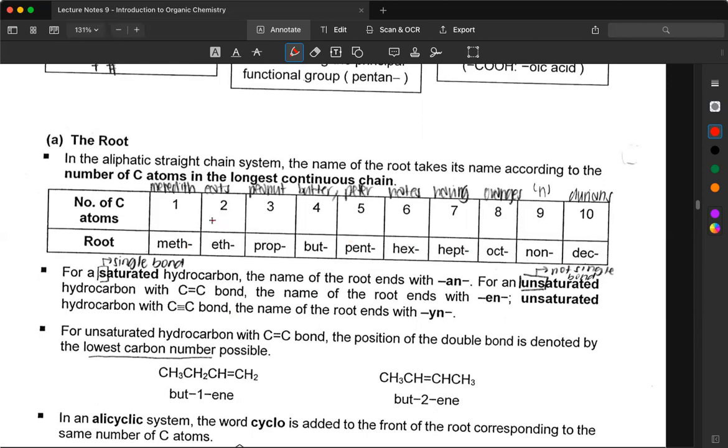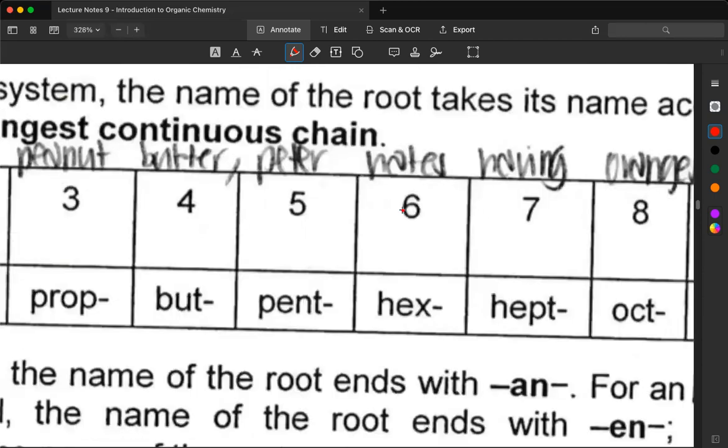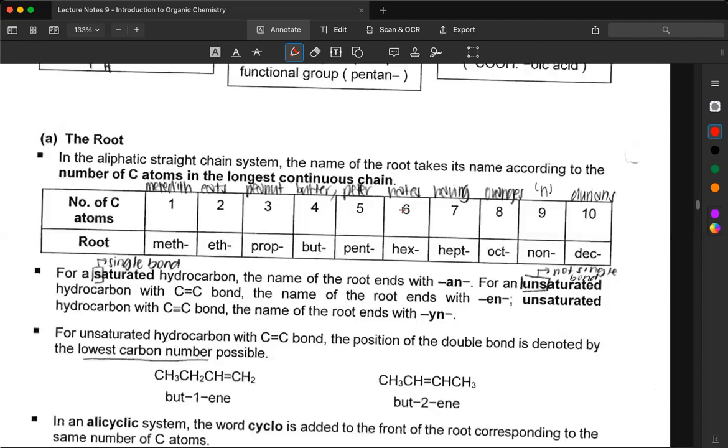Okay. There is a mnemonic here, but it is up to you to remember. You can say, Mary eats peanut butter. Peter hates having oranges and durians, something like that.